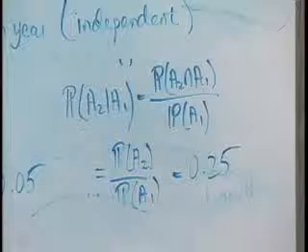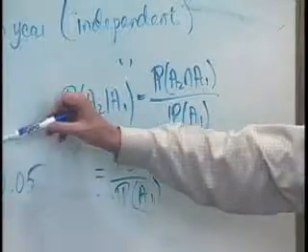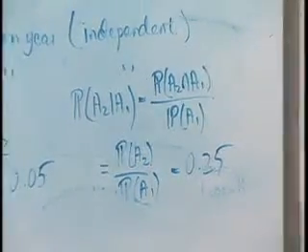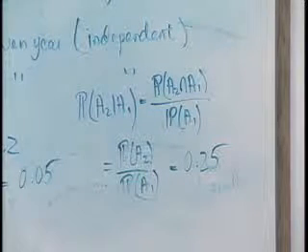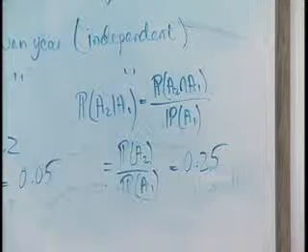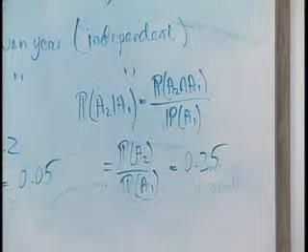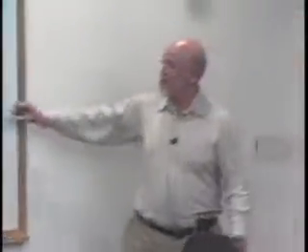0.25. Now, isn't that weird? If I pick someone at random, the probability that they'll submit a claim in the upcoming year is 0.2. If I consider only men or consider only women, the conditional probability of a claim in the second year is unchanged. But if I use the whole population, it's 0.25 instead of 0.2.